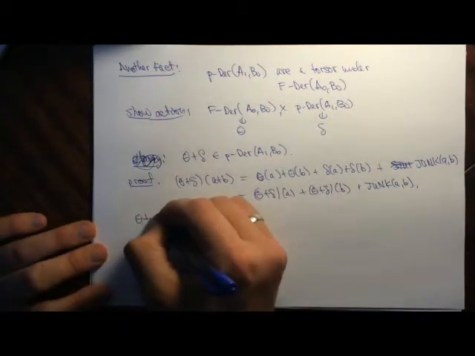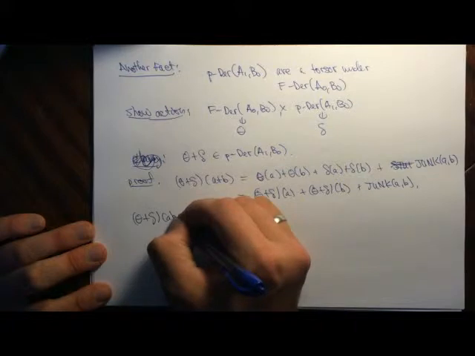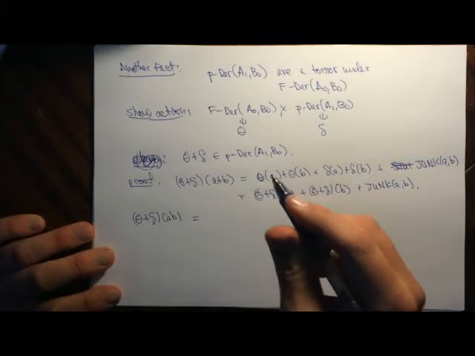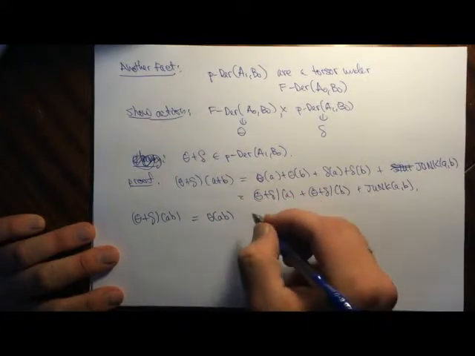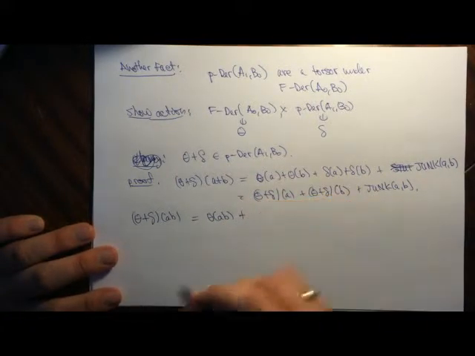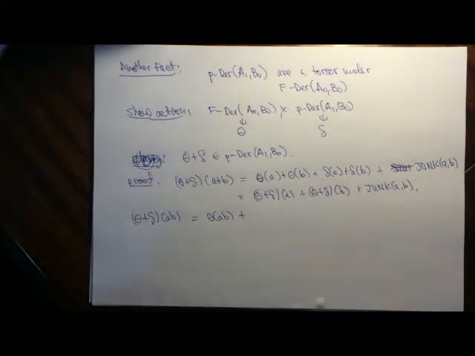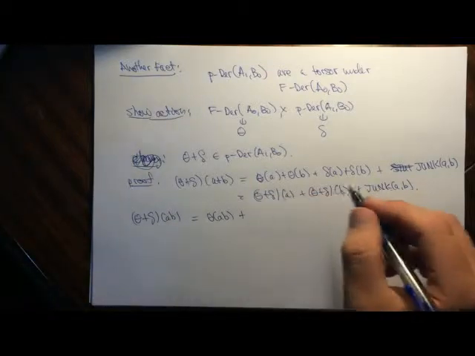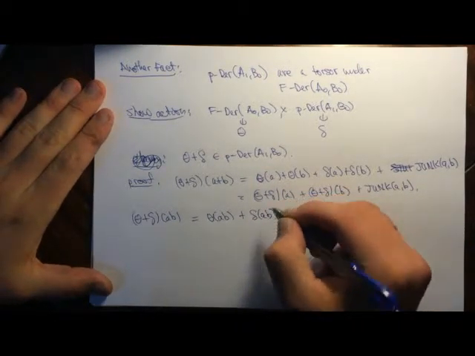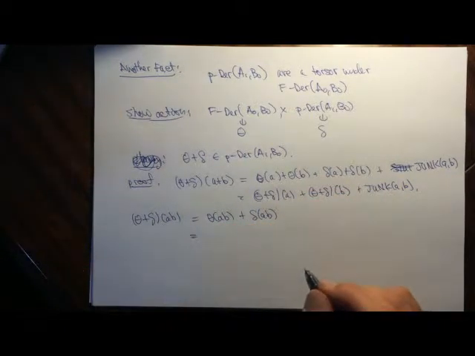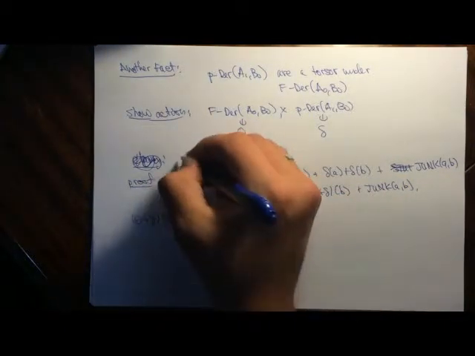And similarly, we do it for this one, AB. So this is the same thing. So we have theta of AB. So we have this Leibniz rule plus delta of AB. So maybe I need to do P times this here.